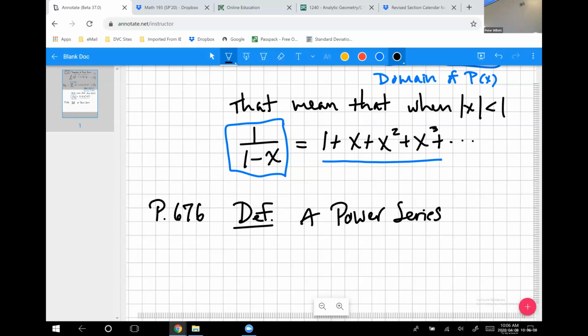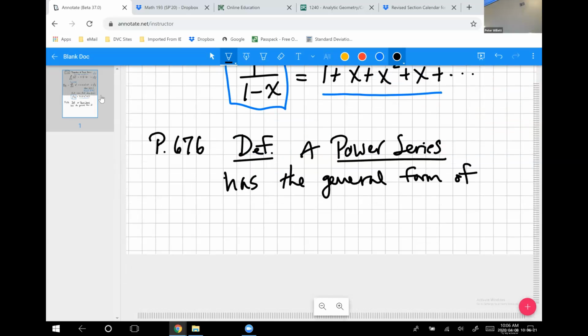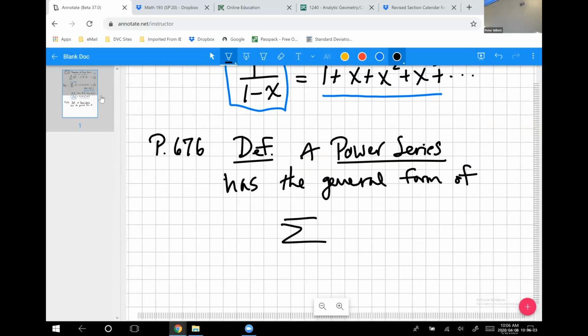A power series has the general form, an infinite summation as k goes from 0 to infinity.